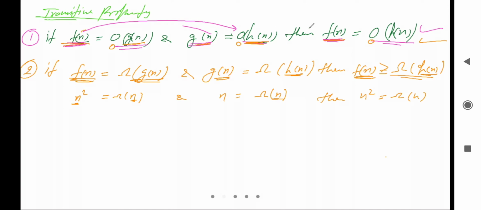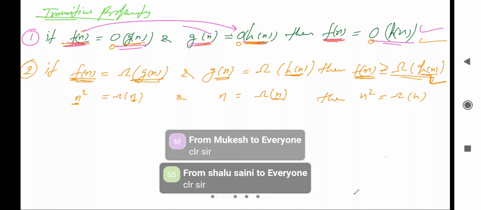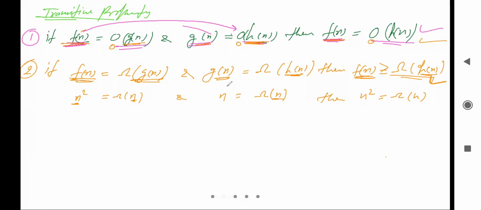Now it is clear. Yes, it is clear or not? Okay, clear. Yes, what about the small omega, will it satisfy the transitive property?